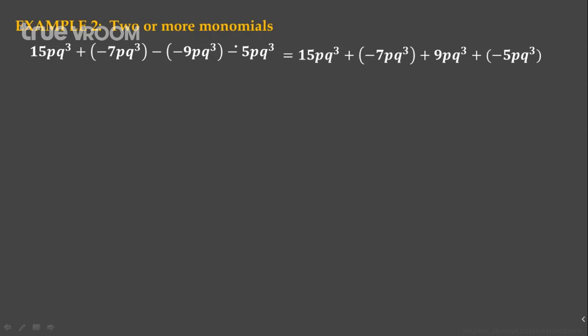Is equal to 15 plus negative 7 plus 9 plus negative 5 PQ cube. Very good. Next, let's answer step by step. 15 plus negative 7 is equal to 8.